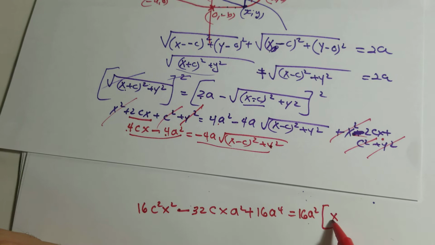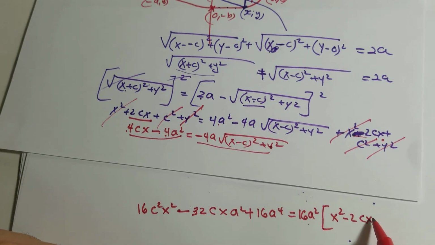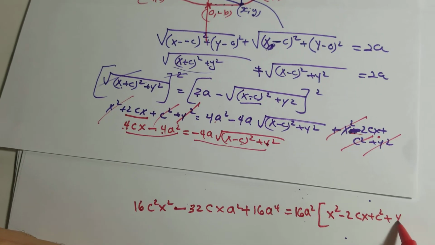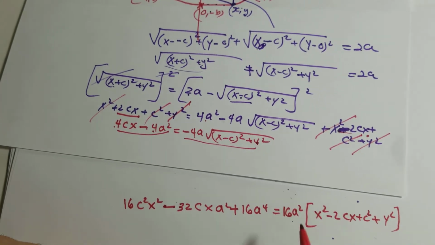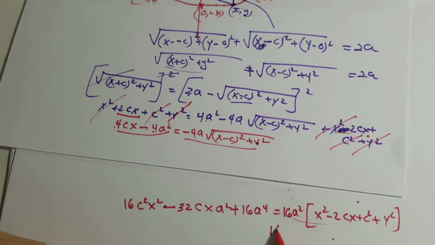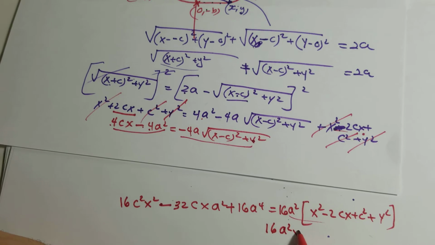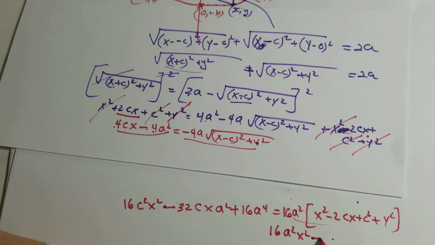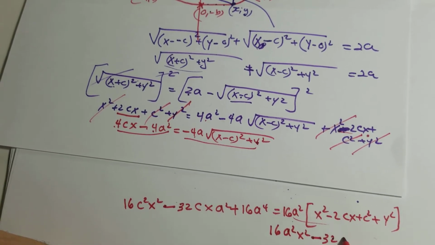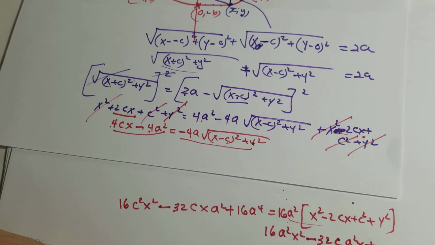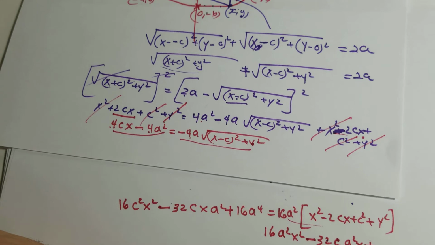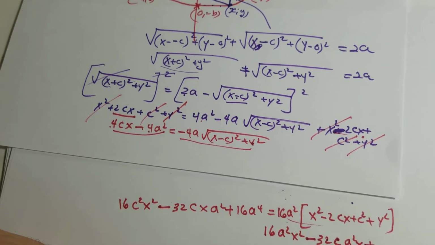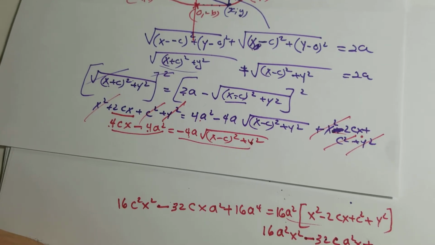But what is inside? x squared minus 2cx plus c squared plus y squared. If I multiply these, that becomes 16a squared x squared minus 32ca squared x plus 16a squared c squared plus 16a squared y squared.